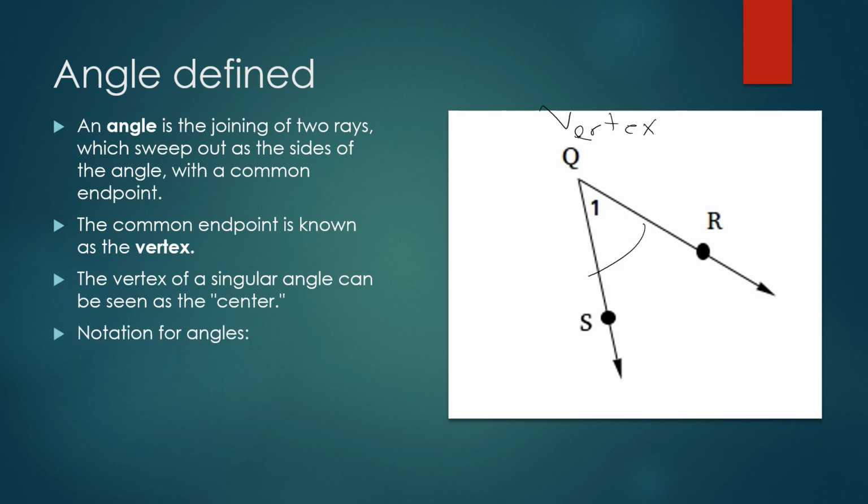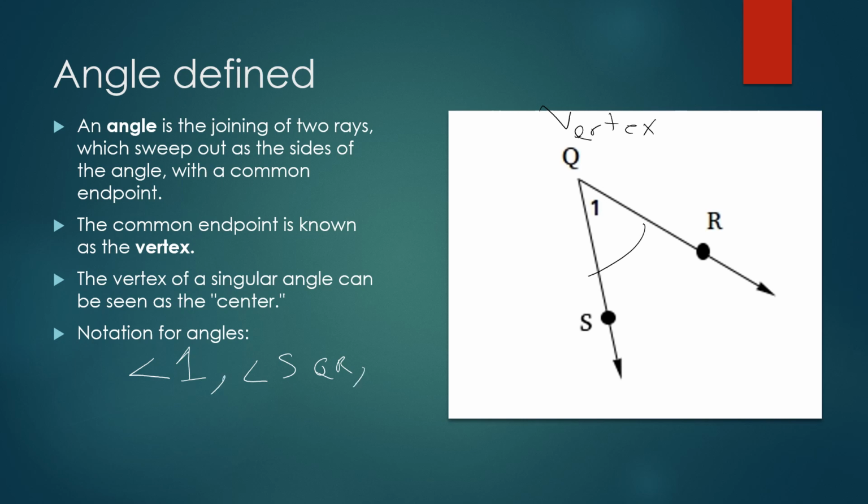Let's look at the notation for angles. Notice how this angle looks kind of like a side V. When we talk about angle notation, we're actually going to use that side V. This symbol right here represents an angle. I can call this angle 1, or I could call this angle SQR, where S is on one ray, Q is the endpoint they share in common, and R is the other ray.